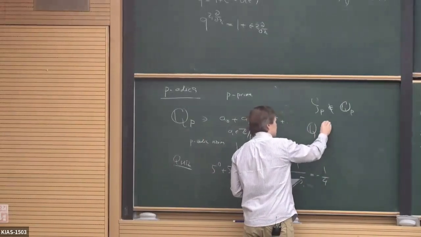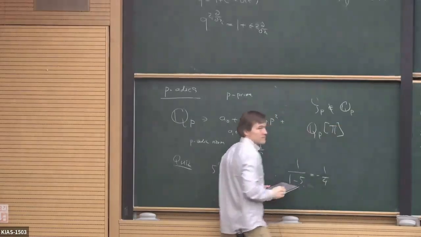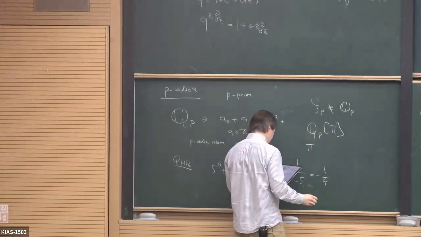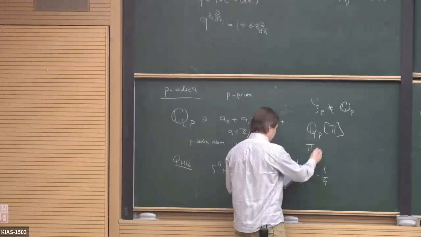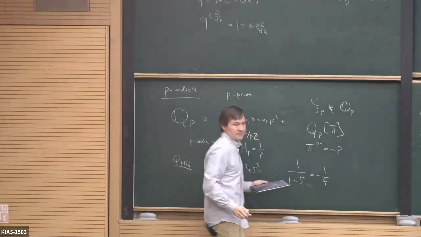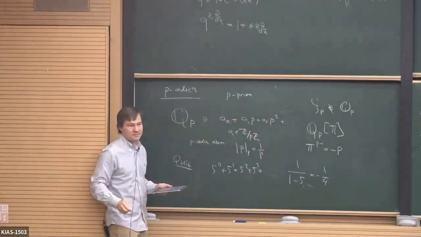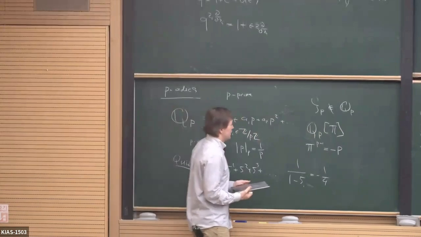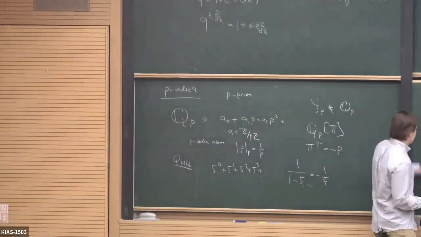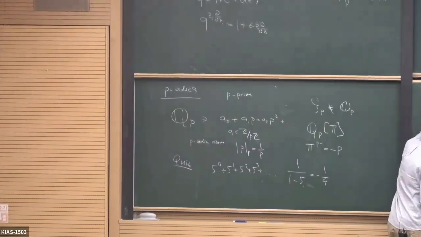We're going to introduce a new element pi that satisfies the following condition: pi to the power p minus 1 is equal to negative p. And that will do the job. If you do it this way, then still fine on time.